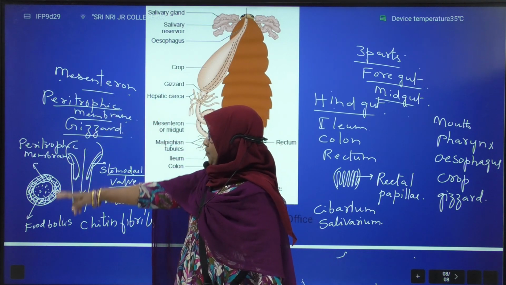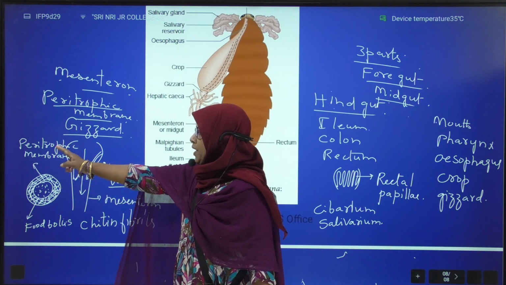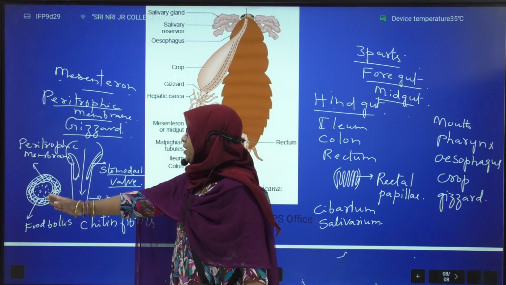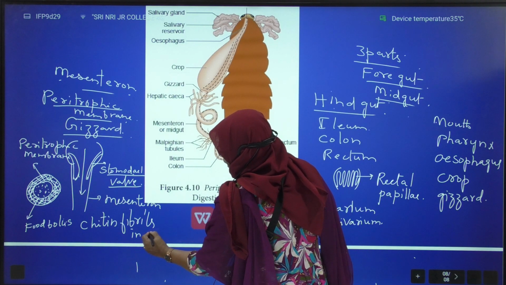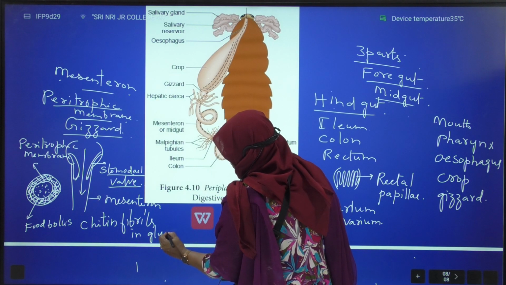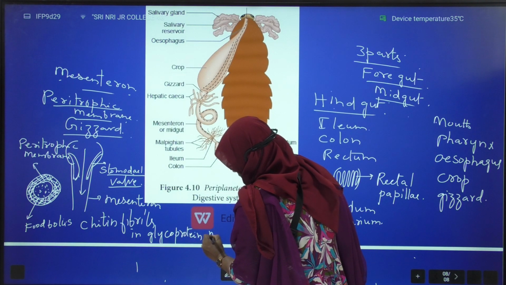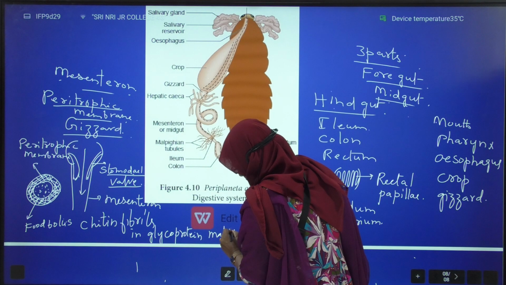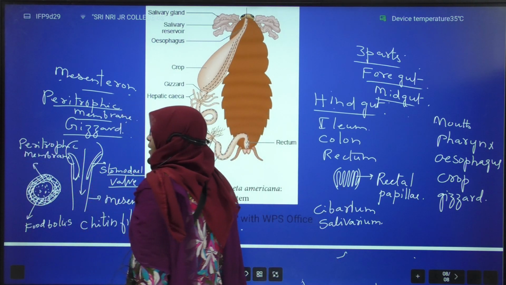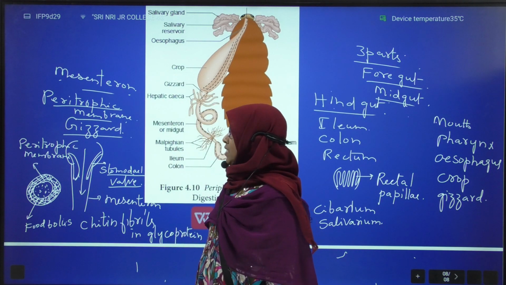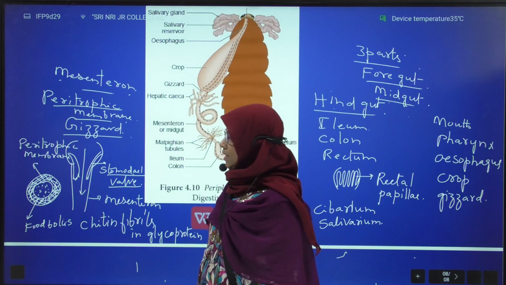In mesenteron, food bolus is covered by a porous mesh-like membrane called peritrophic membrane. This peritrophic membrane is made up of chitin fibrils in a glycoprotein matrix. This peritrophic membrane prevents the walls of the mesenteron from hard food particles.